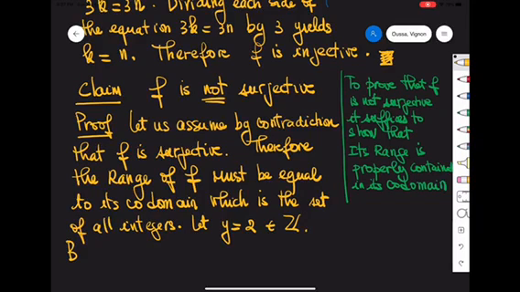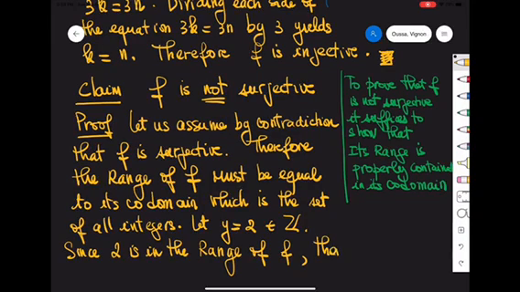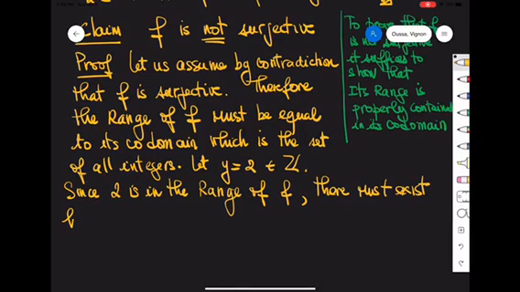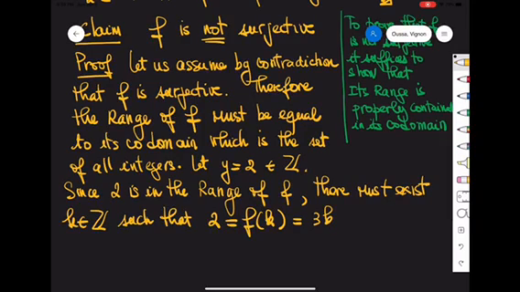And by assumption, since 2 is in the range of f, there must exist some integer k such that 2 is f of k, which means that 2 must be equal to 3k.